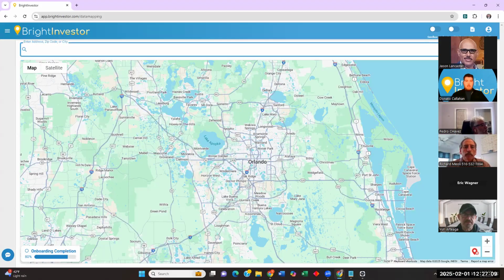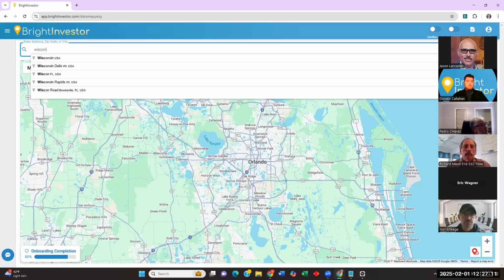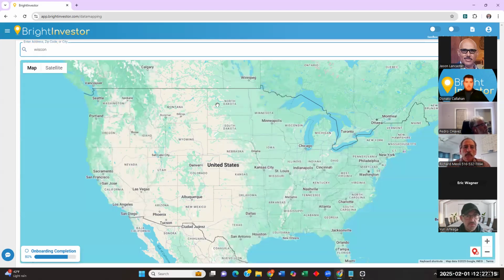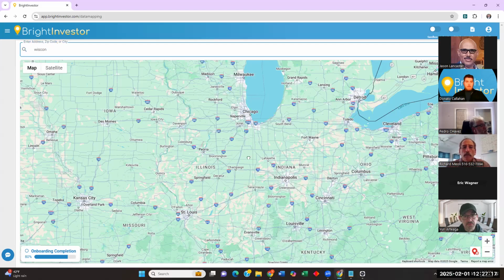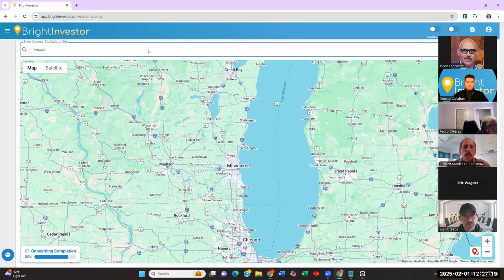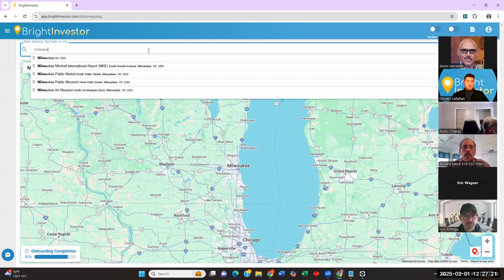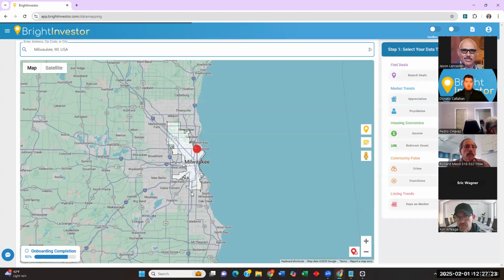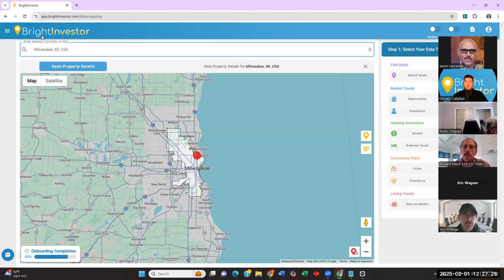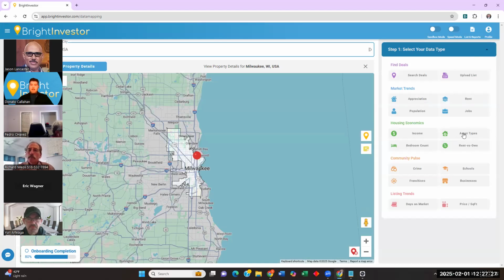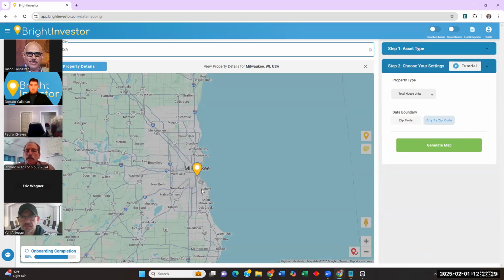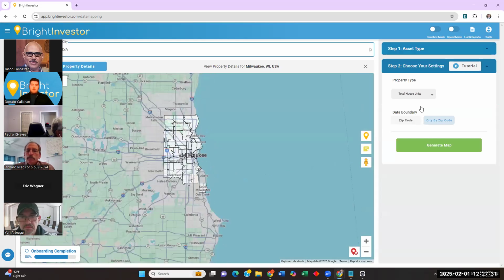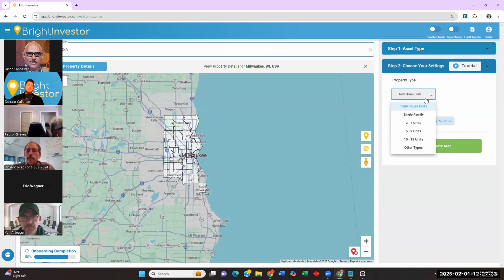Let me show this. So for example, if I am in Wisconsin, and let's just say I want to be in Milwaukee, right? If we're in Milwaukee and you're looking for a type of multifamily product, all you have to do is click asset type. When you click asset type, over here, you can search the city by the type of property you want to buy.